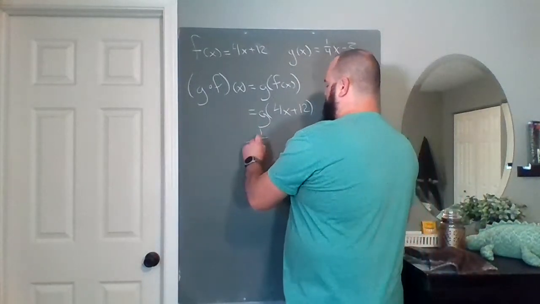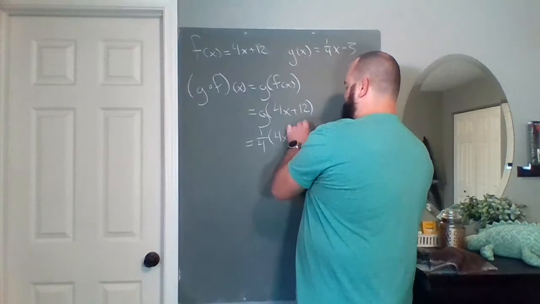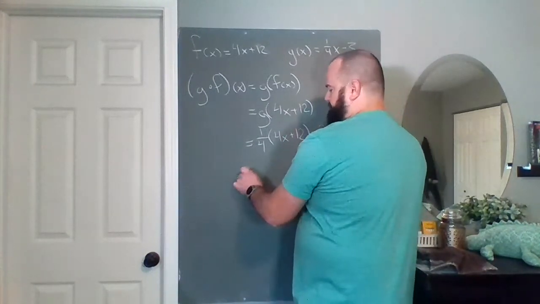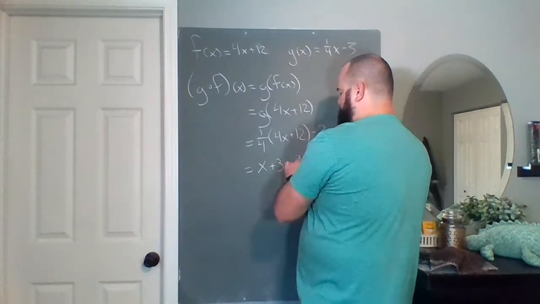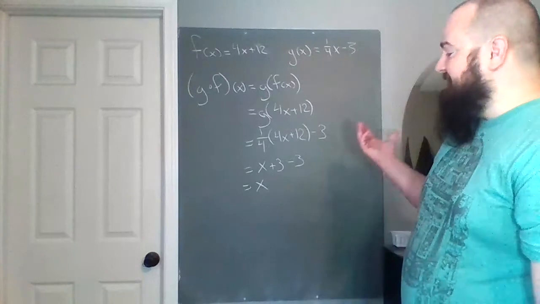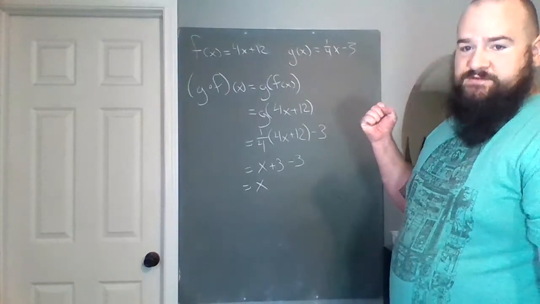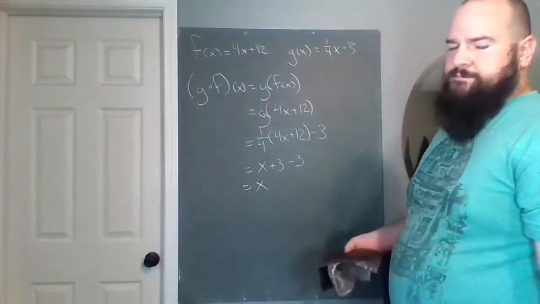So we get 1/4 times 4x plus 12 minus 3. Distribute, we get x plus 3 minus 3. And plus 3 minus 3 go away, we get x. These are inverses of each other. Yes, that's awesome.